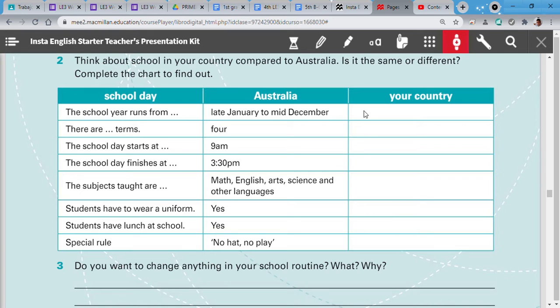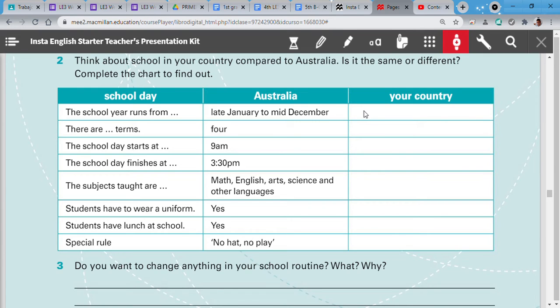Remember, the school day starts in Australia at 9 a.m. In Peru, in colegios parroquiales de Cerro Alegre, 8 a.m. And in Australia it finishes at 3:30, and we finish at 2:30. Okay, there is a difference.